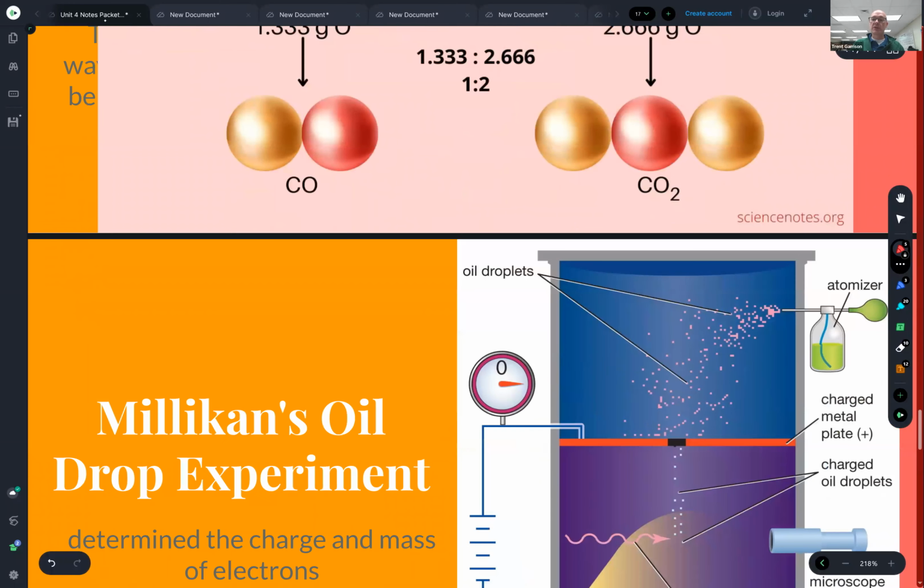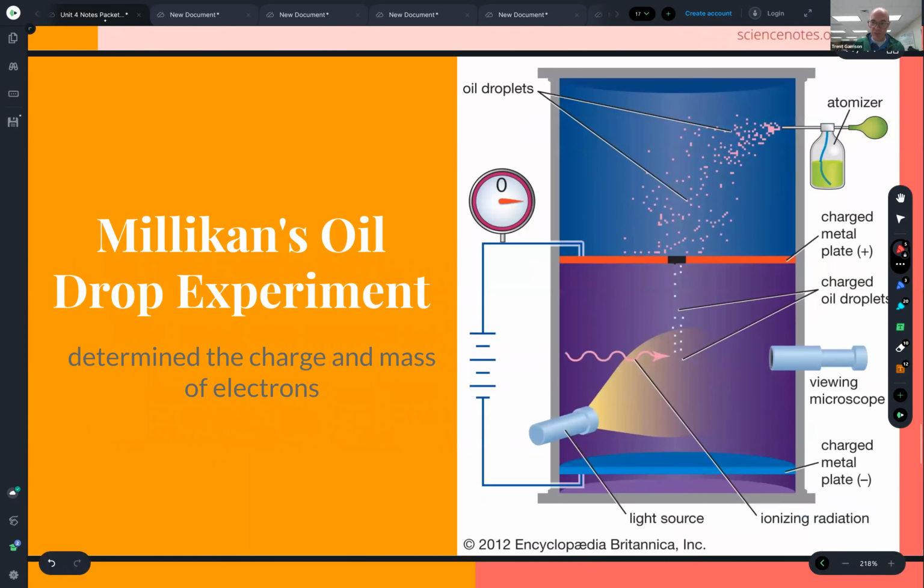All right. One other detail that proves that molar masses are true is Millikan's oil drop experiment, whereby he sprayed oil into a tiny hole and then put an electrical charge on it.